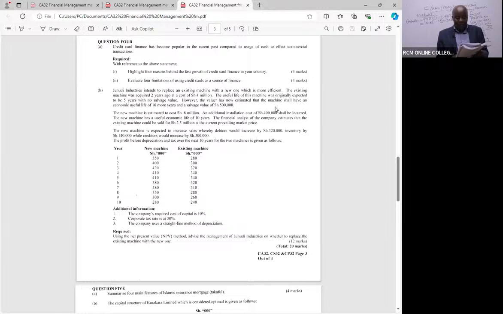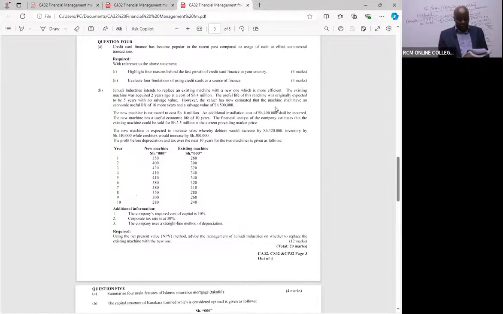The new machine is estimated to cost 8 million. An additional installation cost of 400,000 shall be incurred. The new machine has a useful economic life of 10 years. The financial analyst of the company estimates that the existing machine could be sold for 2.5 million at the current prevailing market price.